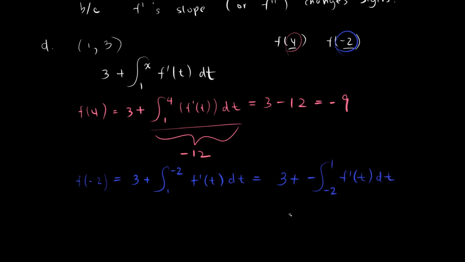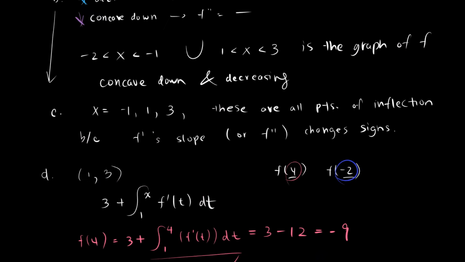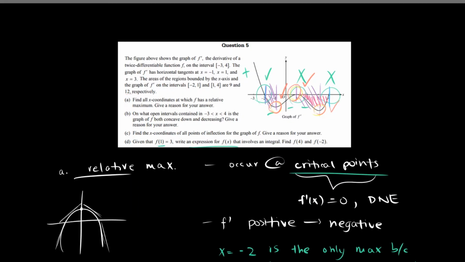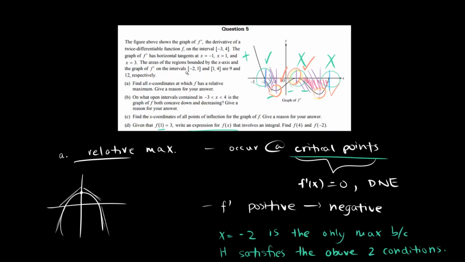Now we can go back to the question and see what the area under the curve on the interval -2 to 1 inclusive is. According to the question, this area from -2 to 1 is 9. Once again, the value of the integral is theoretically negative because the area is under the axis.